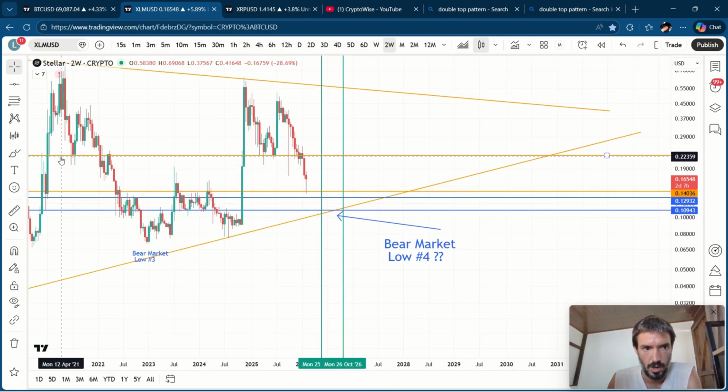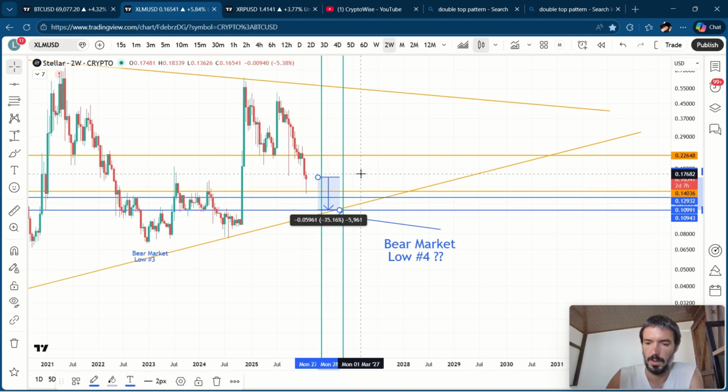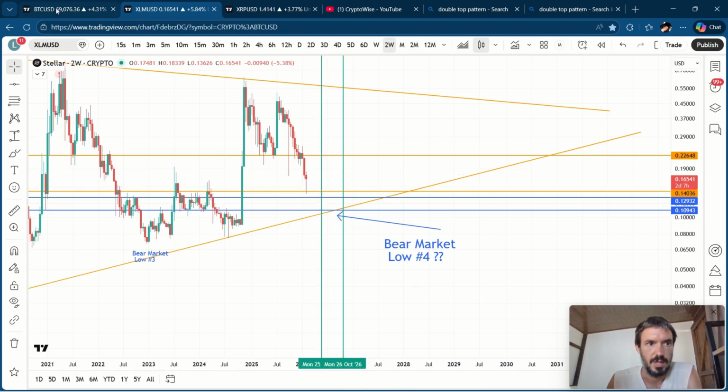From where we are now to where it would bottom is still another 34% down, which is quite a bit. So XLM could probably get a leg up higher, maybe to like 19 cents, before it decides to get another leg down. I don't really want to get into that today, but that is basically that.